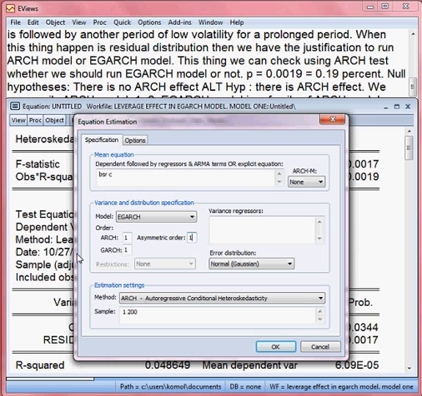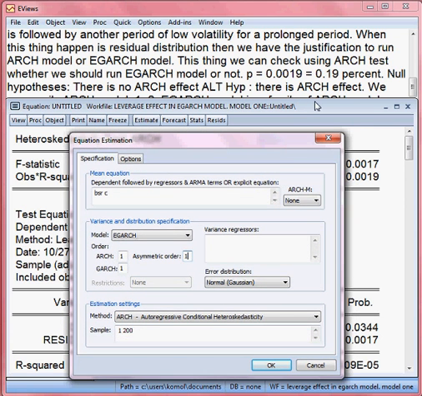That is the thing happening here. I am saying the residual derived from the mean equation has been used in the variance equation to estimate the variance equation.